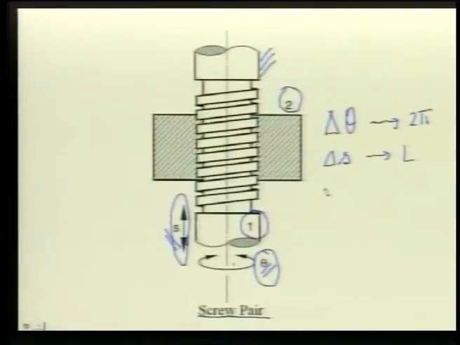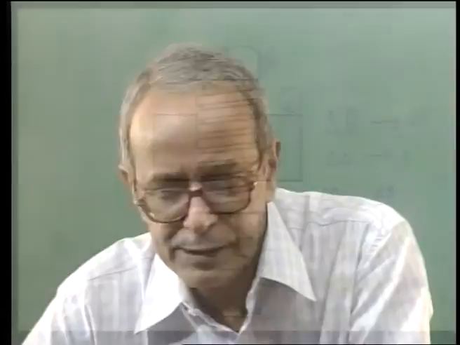Thus, theta and S are not independent, but they are related by this expression, delta theta by 2 pi is equal to delta S by L. Consequently, only one of these, either theta or S, is needed to completely specify the relative movement.